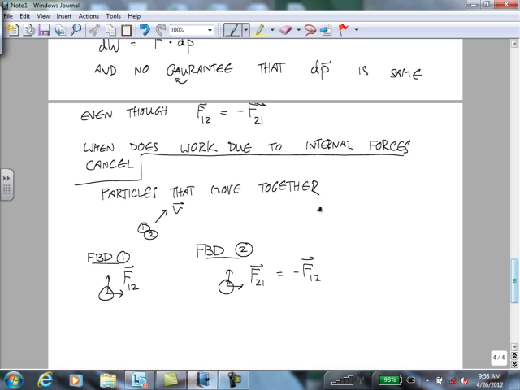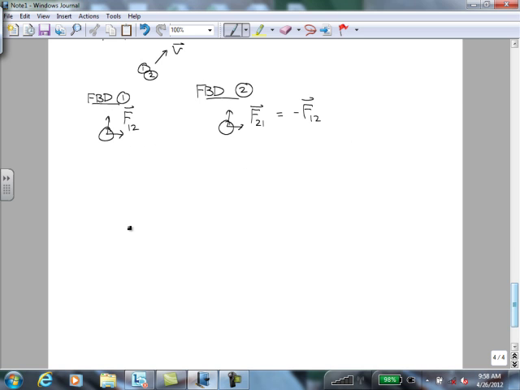So the increment in work on particle 1 is equal to F dotted with some incremental change in position, right? The increment of work done on particle 2 by this internal collision, this F is F12, right?